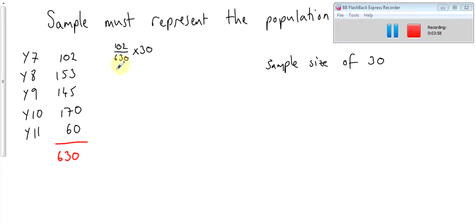Year 8s, I need 153 out of 630 of 30. And so on, 145 out of 630, 170, and finally the 60.